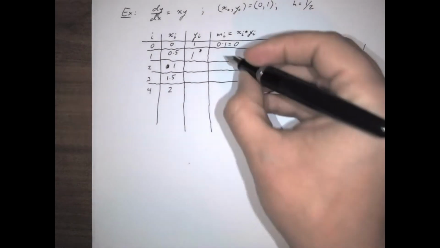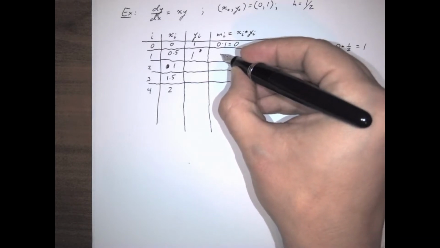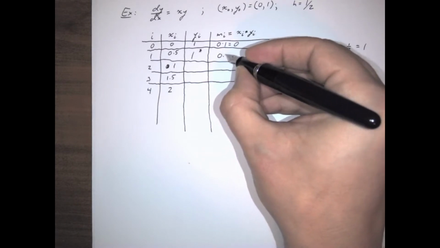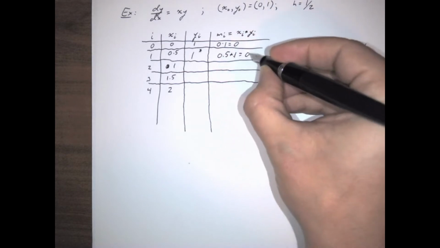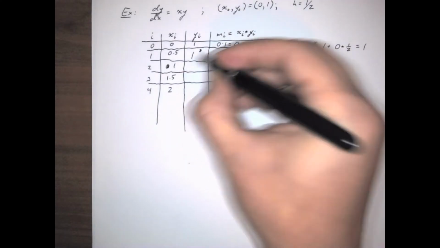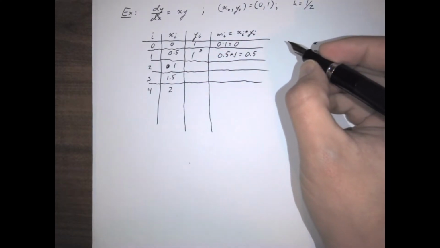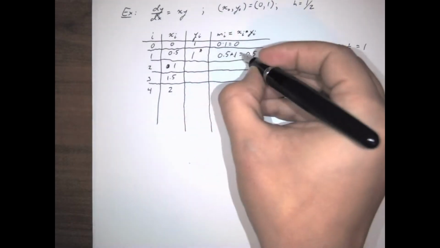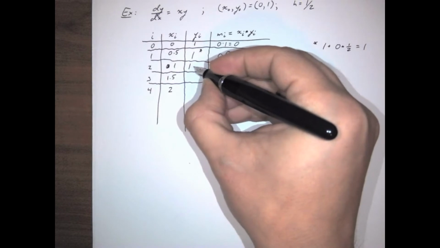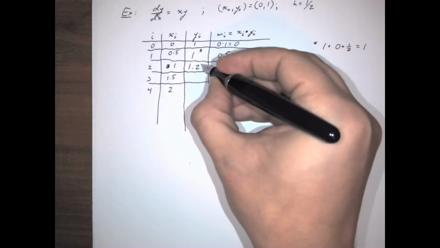Okay, so now we're able to compute the next slope, which is going to be 0.5 times 1, which is just going to be 0.5. Then we take our previous y value, which is 1, plus h times the previous slope. So it'll be 1 plus a half times a half, so 1.25.